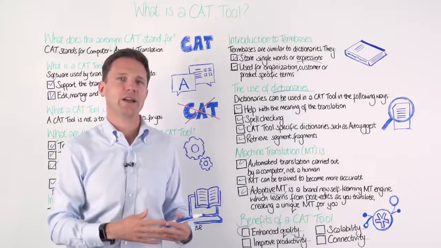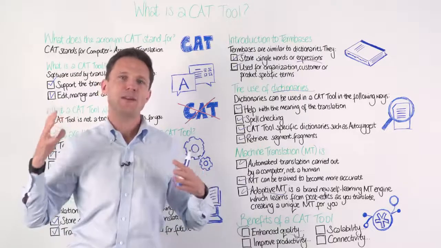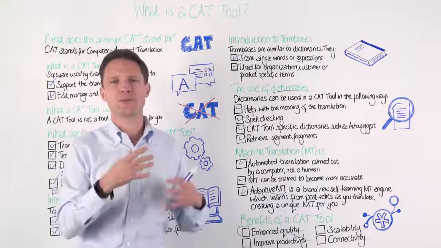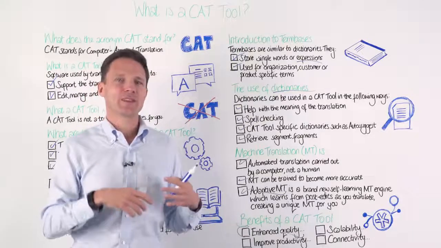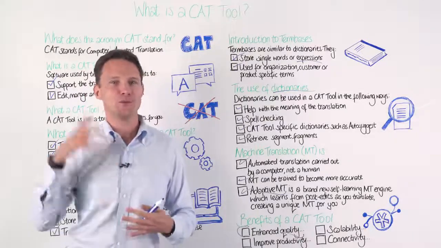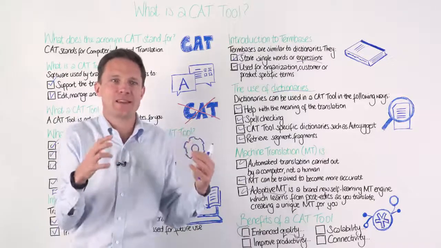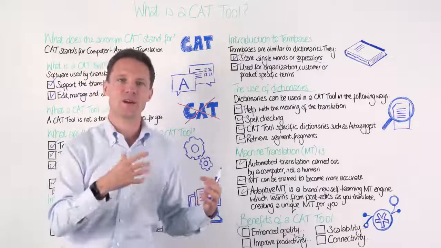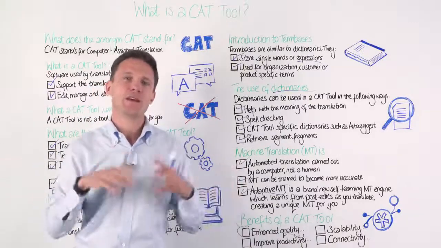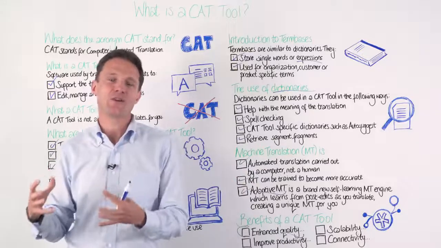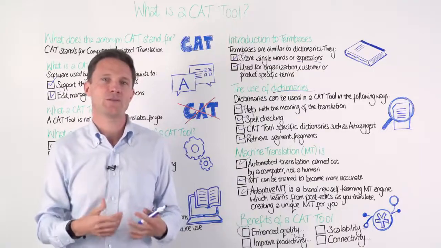When you have done a great translation, that great translation can be reused. The fact that we can save a lot of time doing some of the more boring tasks can actually leave you with more time to do the more creative side of the translation, which is translating a complex sentence, a marketing slogan, or just a very difficult chemistry expression. So that's one of the key things where a CAT tool can help in terms of quality.